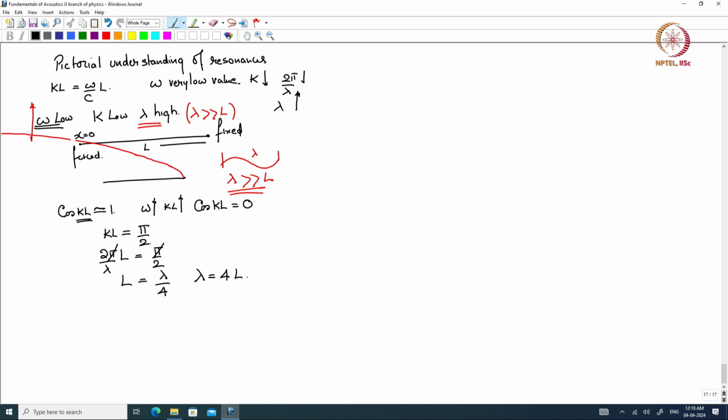Okay. So lambda was very large and it is becoming smaller as k becomes larger with omega, and suddenly we have a situation where lambda happens to be 4 times L. If I draw one lambda, this is half a cycle, so I will draw it the other way, this is half a cycle and this is the other half of the cycle.